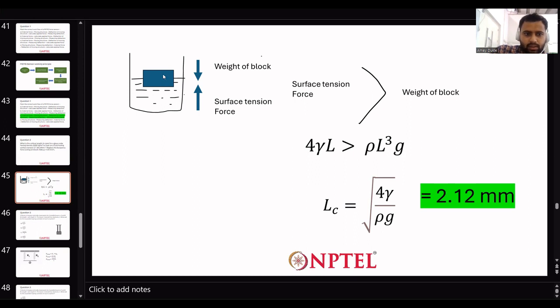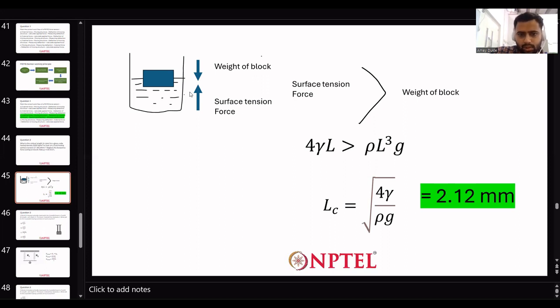For the body to actually float in the water, both forces have to be balanced. There is only a certain length scale at which these forces can be balanced. If the body is too large, the weight of the body will be too high to be overcome by the surface tension force, and the body will sink.